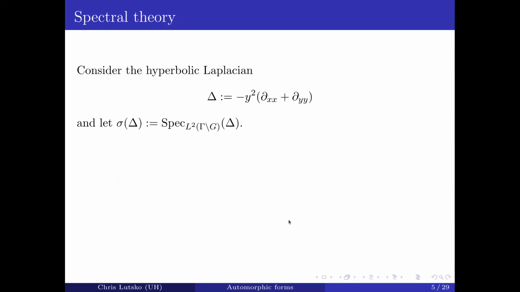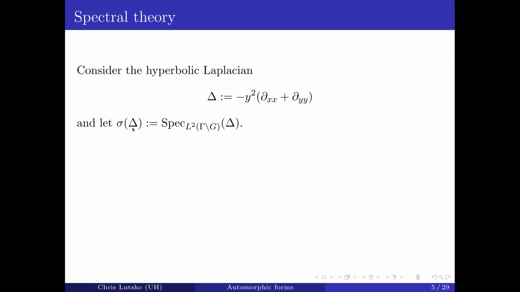Okay, so now we can talk a little bit about spectral theory of L2 of H mod gamma. So this is the hyperbolic Laplacian. It is the only invariant differential operator for this group. And we'll define the spectrum with this sigma of Laplace.